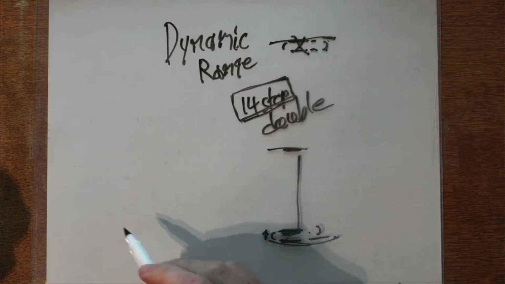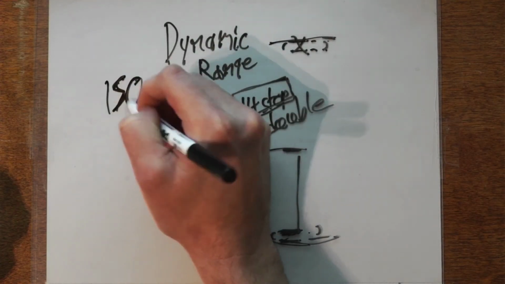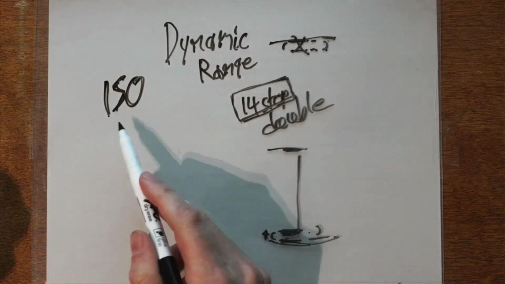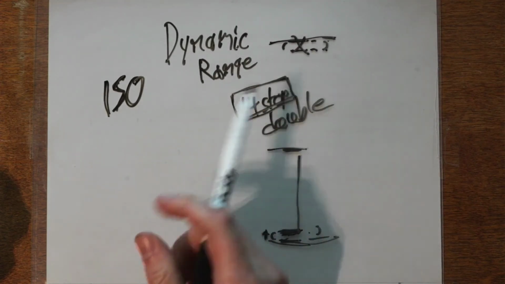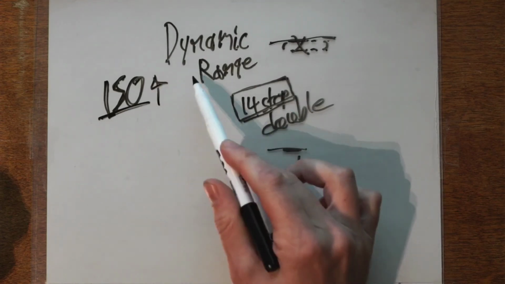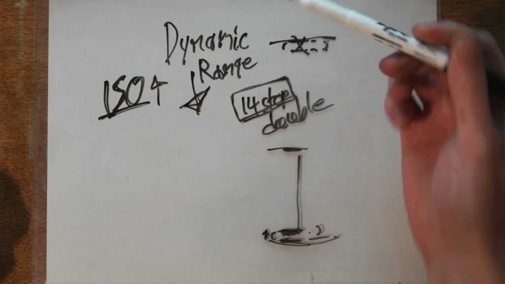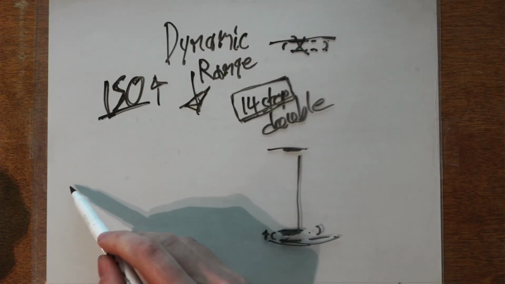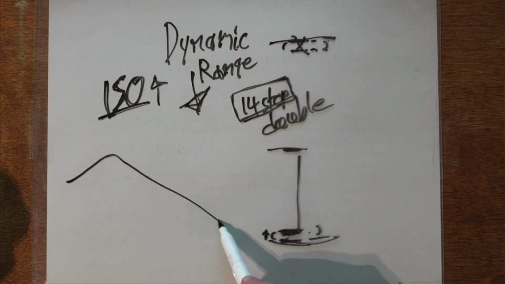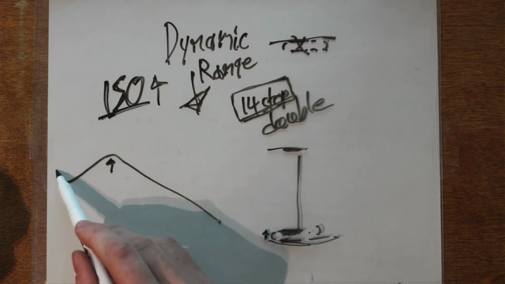Realize that dynamic range does change with ISO. We talked about ISO being the sensitivity of the sensor, of the little pixel. As this goes up, dynamic range is going to go down. Sometimes there are cameras that have a dynamic range that kind of looks like that, where the highest dynamic range is not at 100.